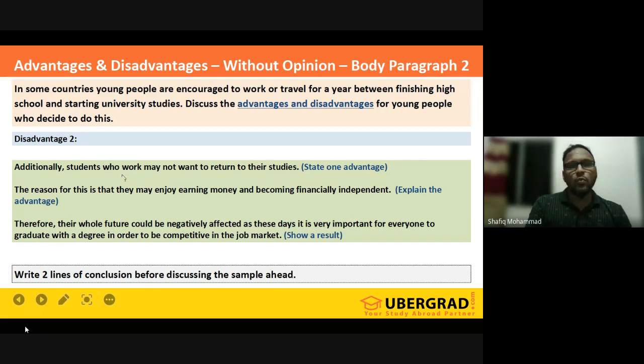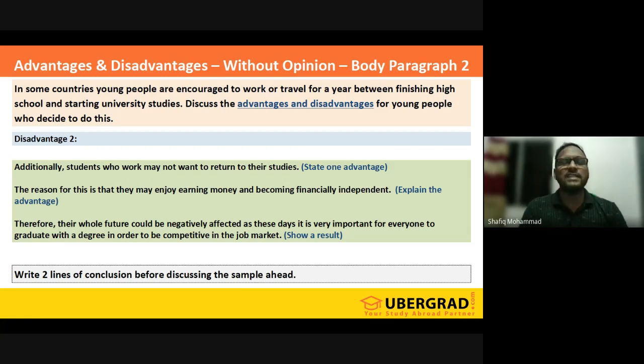Students who work may not want to return to their studies. So this is again coming back to the topic, stating a disadvantage. The reason for this is that they may enjoy earning money and become financially independent. Now we are explaining why they don't want to return to studies, because once they earn money, they feel, okay, I'm content now, I don't want to study anymore.